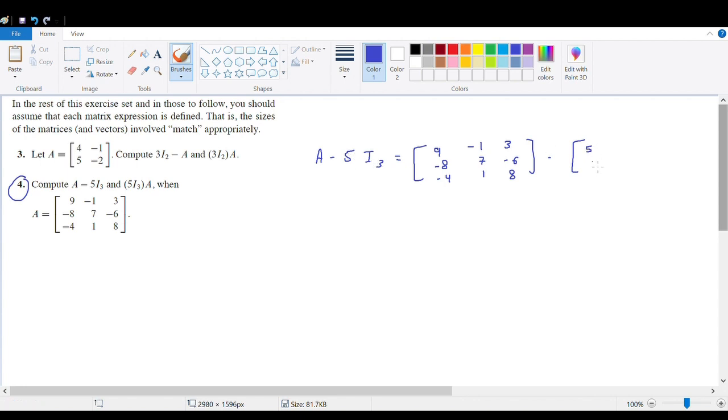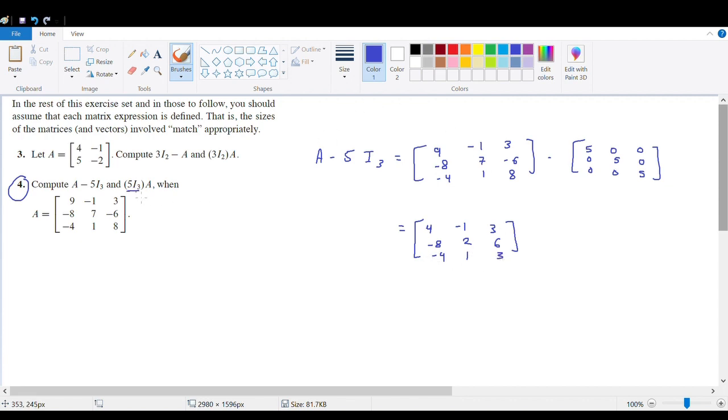So we get 5, 0, 0, 0, 5, 0, 0, 0, 5. Now we subtract each element with the corresponding element in the identity matrix, and we get here 4, minus 8, minus 4, minus 1, 2, 1, 3, minus 6, 3.